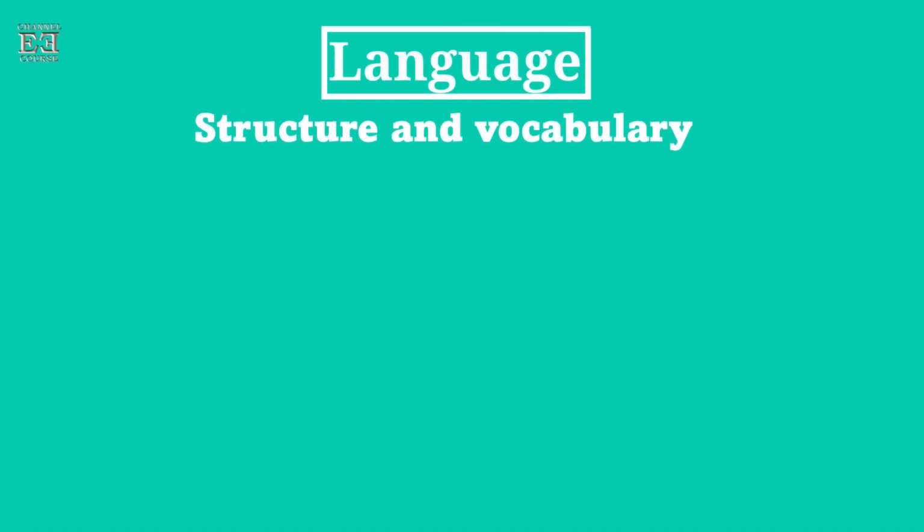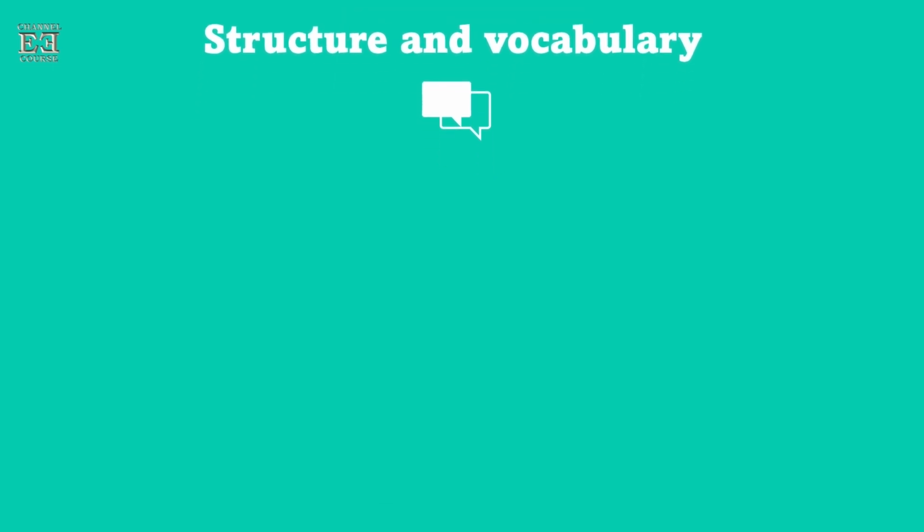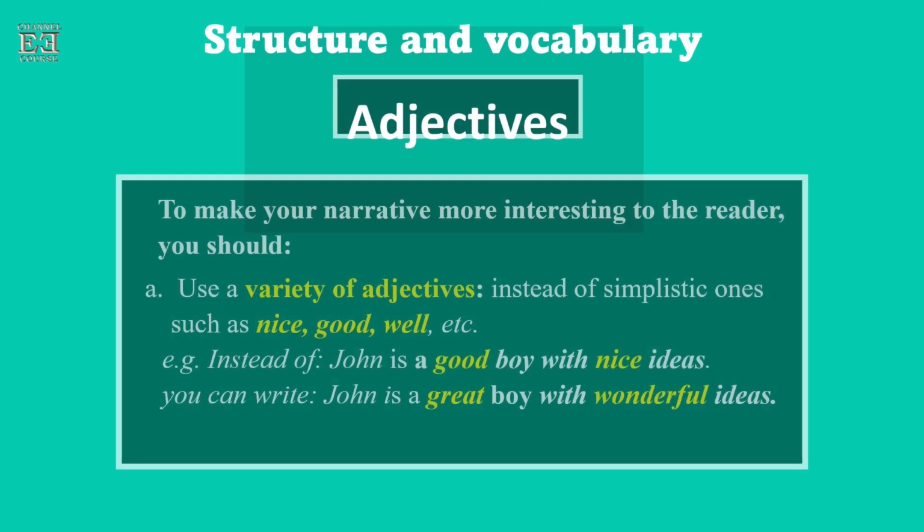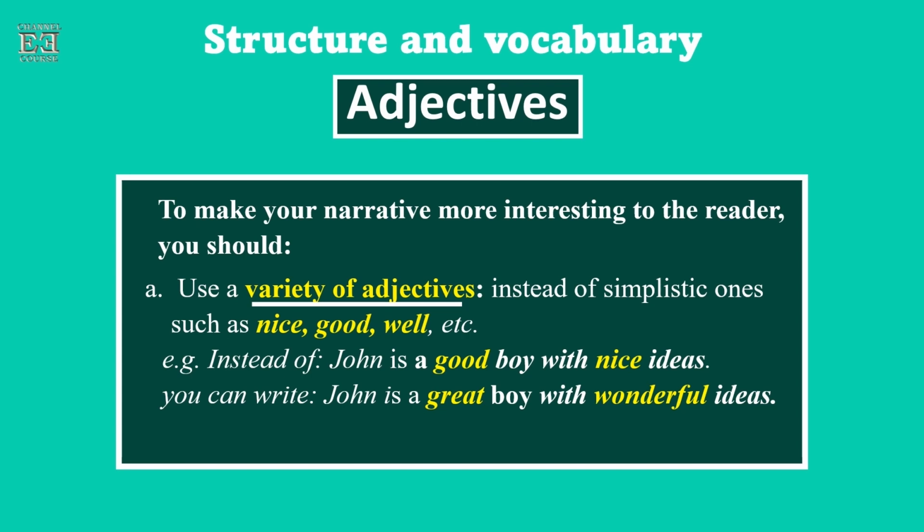Using a variety of good vocabulary and good structure will certainly help you get a better mark. And in order to make your essay sound more interesting, it's important to choose synonyms of adjectives. For example, instead of writing, "John is a good boy with nice ideas," you can write, "John is a great boy with wonderful ideas."